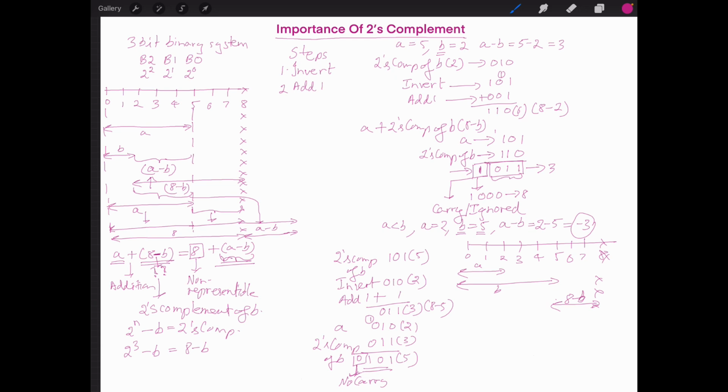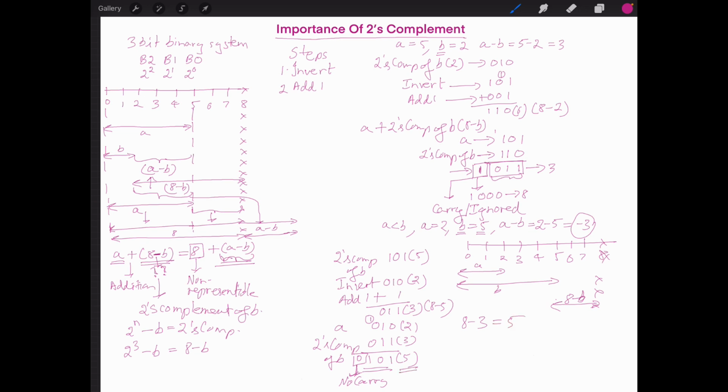Now, how does 3 and 5 compare with each other? If you take the magnitude of this minus 3, which is 3, and find the 2's complement of 3, which is 8 minus 3, we get the value 5, and that's what we have here.